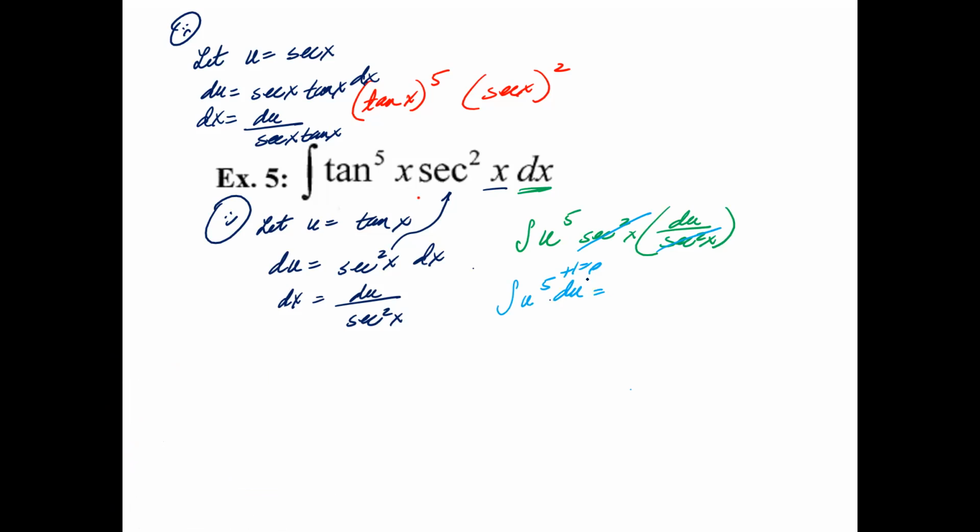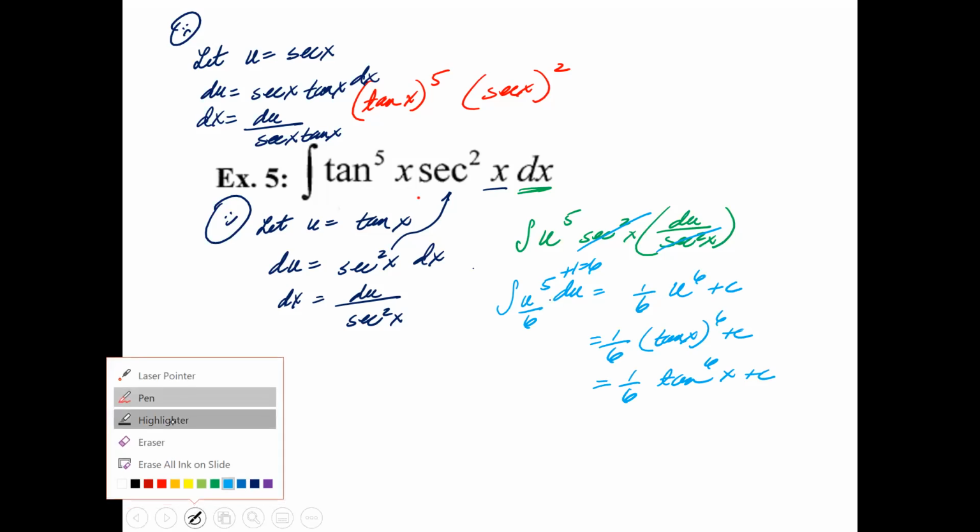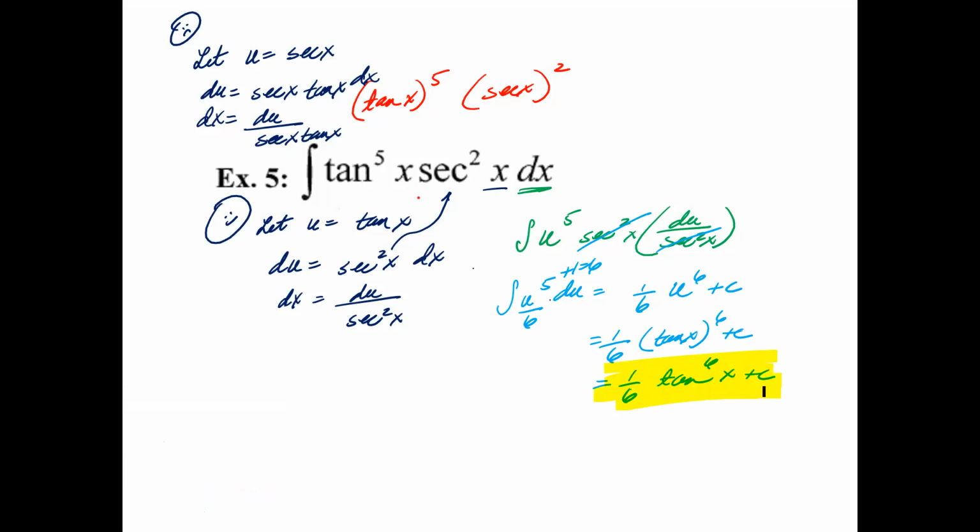So 5 plus 1 is a 6, divided by 6. So I have 1 over 6 u to the 6 plus c. And if you go ahead and replace the u with tangent x, your answer is just tangent to the 6th x over 6 plus c. And that's your answer.